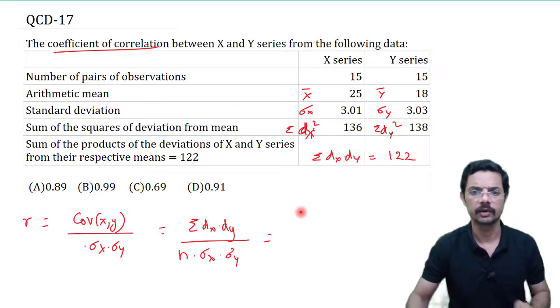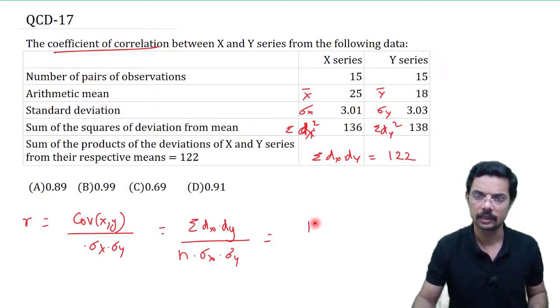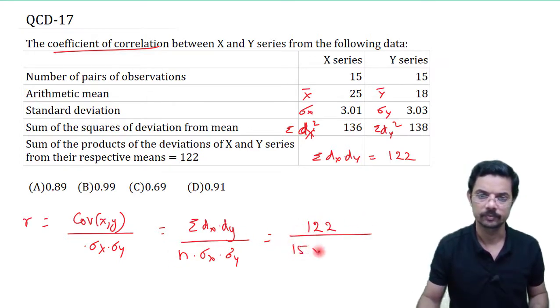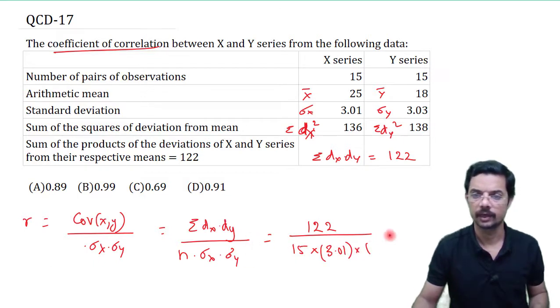Sigma dx into dy is 122, divided by n, and n was 15. What is sigma x? Sigma x is 3.01, and sigma y is 3.03.